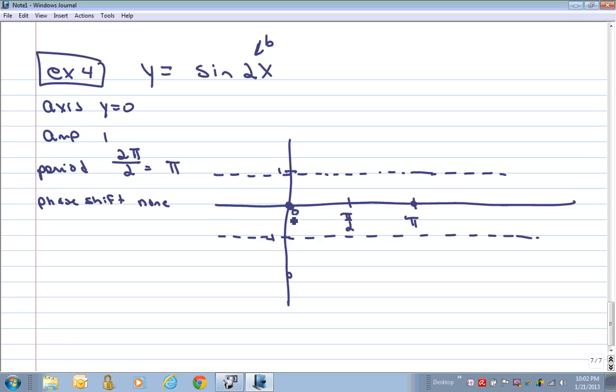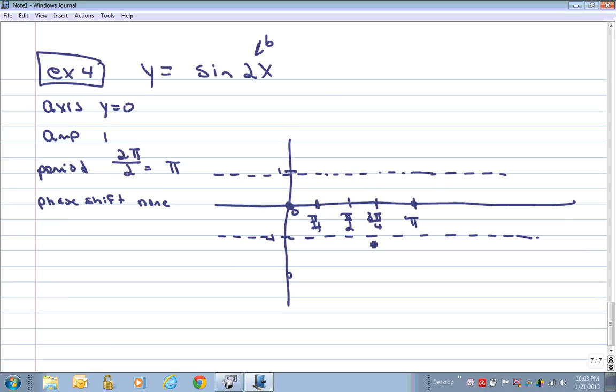But we want the whole cycle, the up and the down, the top of the amplitude and the bottom of the amplitude, all to occur between 0 and pi. So we need to pick a value halfway in between 0 and pi over 2. Think about your unit circle. If you're at 0 and you go to pi over 2, halfway in between was 45 degrees or pi over 4. So this is pi over 4, this is 2 pi over 4, and halfway in between here would be 3 pi over 4.